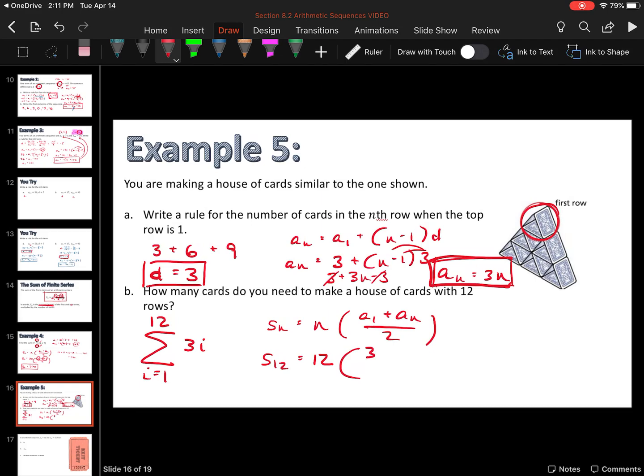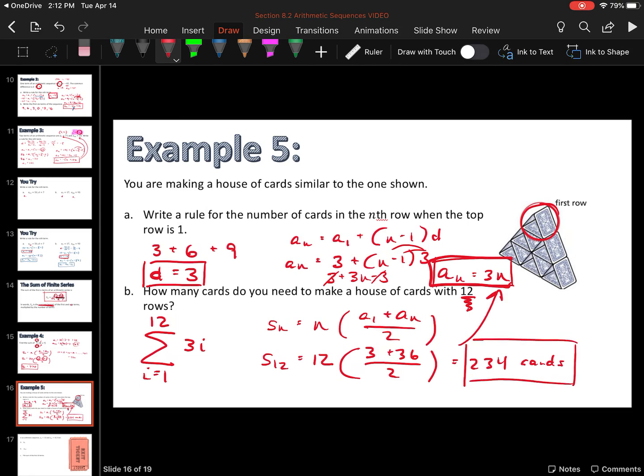But for the 12th row, let's plug in 12 and see how many cards we need. 3 times 12 is 36. So I have 36 for the 12th row. Find the average of that, 36 plus 3, divided by 2, and then multiplied by 12, you should get 234. So 234 total cards are needed if we want to make a house that has 12 rows.